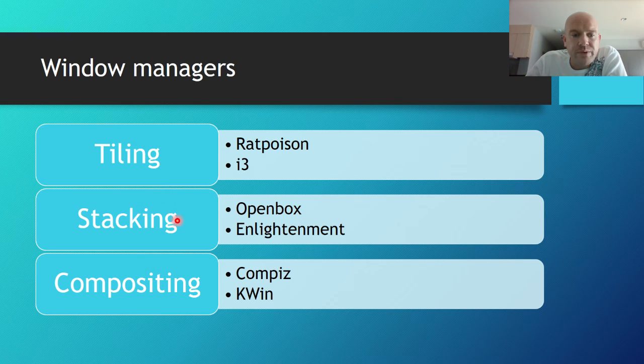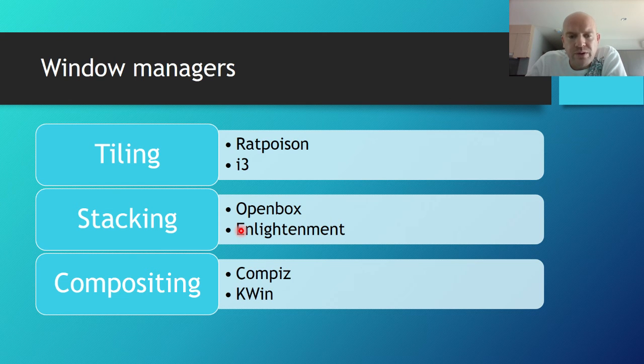So the stacking window manager is kind of like Windows uses, or at least they used to use that. I'm not sure what Windows 10 or the newer ones use, but anyway. Openbox is very popular because it's very easy to modify and configure it in many different ways. So it's very flexible, which is great. Enlightenment is another one that is popular, a rather new one actually.